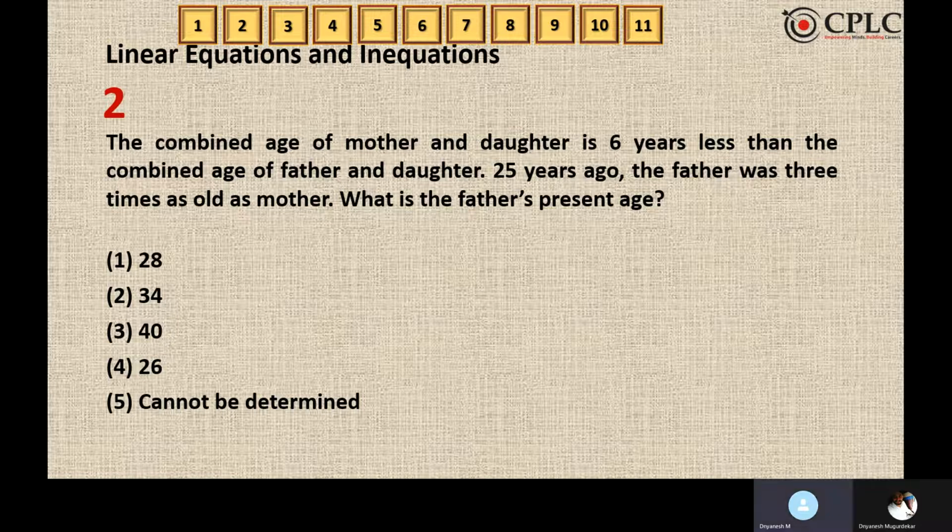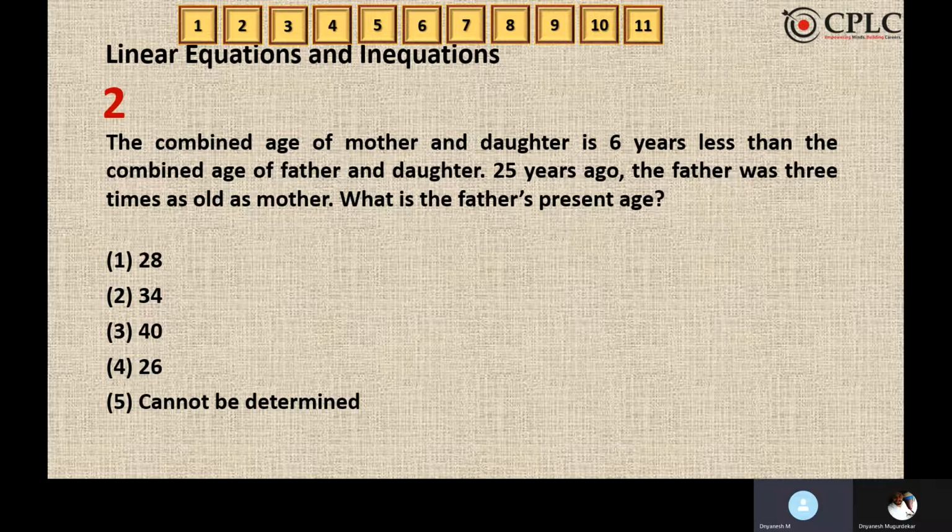So if the current age of father is f, 25 years ago it will be f minus 25, and the father was 3 times as old as mother. So 25 years ago, f minus 25 is the father's age, which is 3 times, in bracket, as old as mother. Mother's age 25 years ago will be m minus 25.